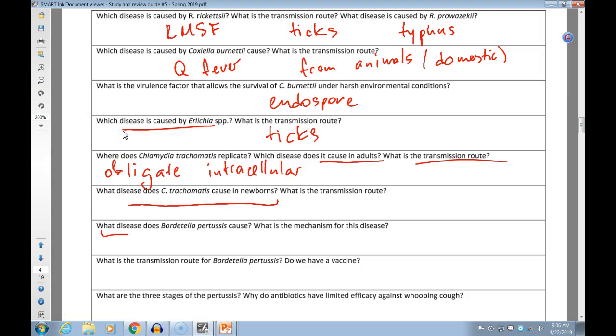Bordetella pertussis causes pertussis, or whooping cough. Okay. The mechanism for this disease is that the toxin of Bordetella pertussis destroys the epithelium of the lower respiratory tract. Absence of functional epithelium and functional cilia allows mucus to stay there, and that leads to irritation of the lower respiratory tract and cough. Are we clear? Transmission route, well, respiratory, and we do have a vaccine.